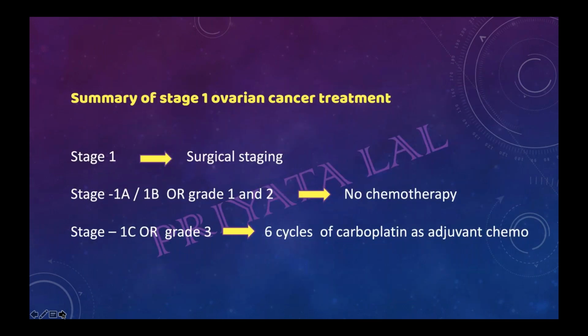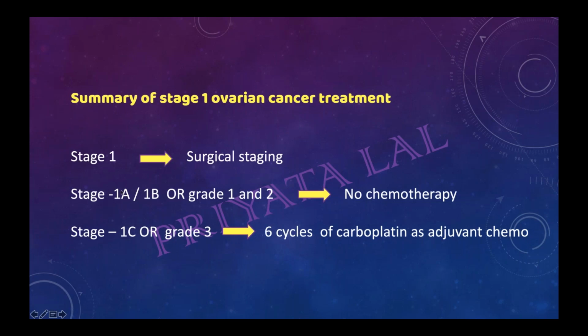Now I will summarize stage 1 ovarian cancer treatment. For stage 1, first optimal surgical staging, like staging laparotomy. After that, histopathology will come to you, and it will guide you on what to do next.